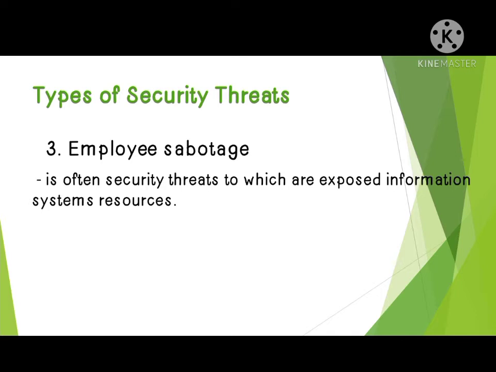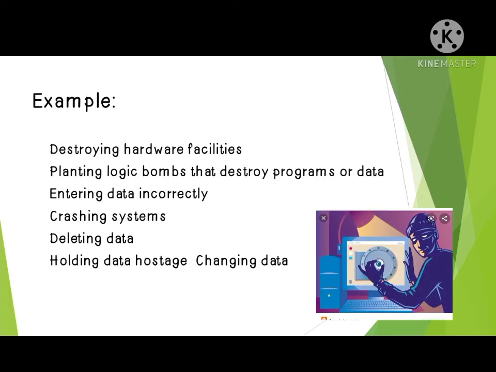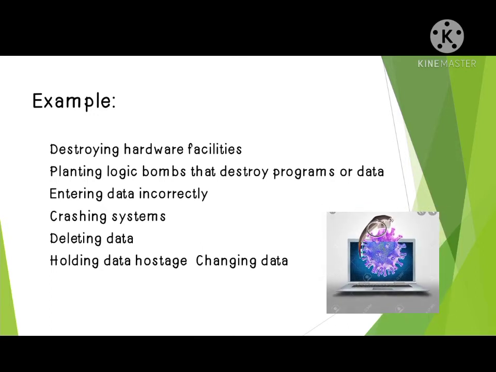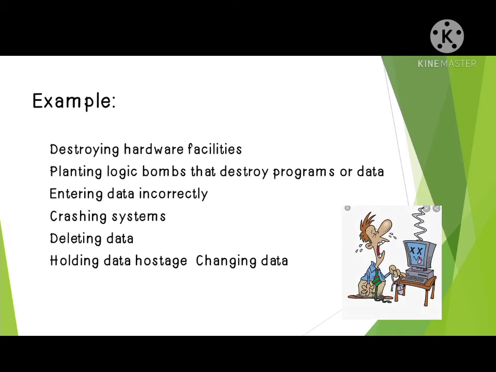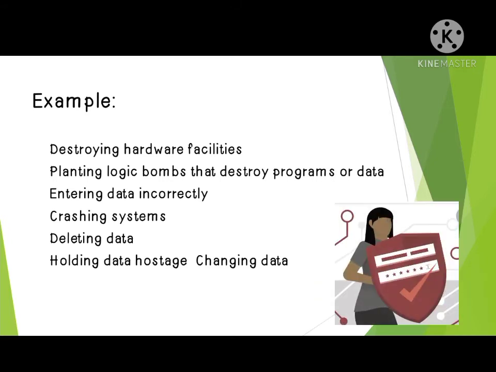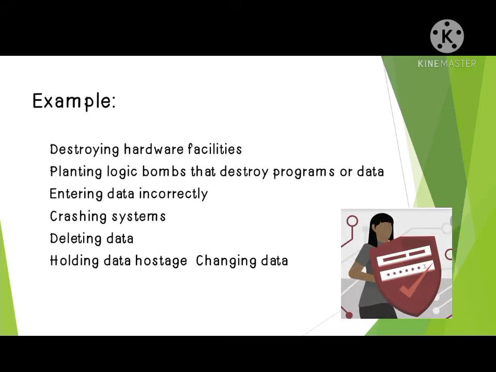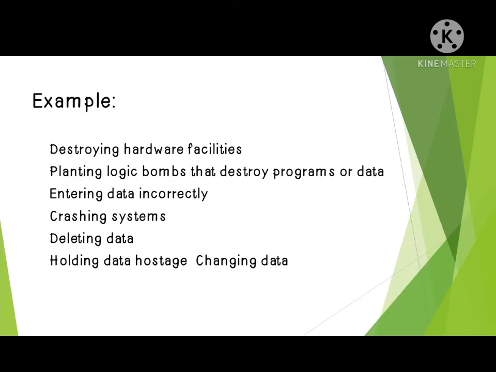This is an example of employee sabotage: hardware facilities, planting logic bombs that destroy programs or data, entering data incorrectly, crashing systems, deleting data, holding data hostage, or changing data.